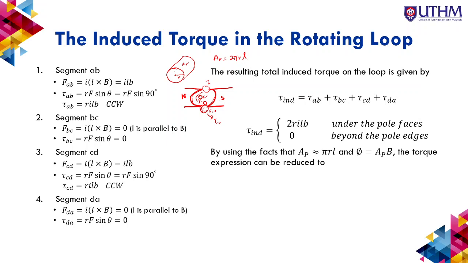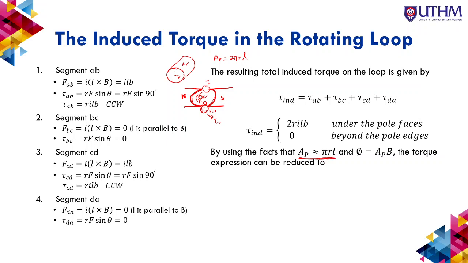Since you can see that the pole is like a semicircle, they only take half of the rotor pole, or the cylinder.